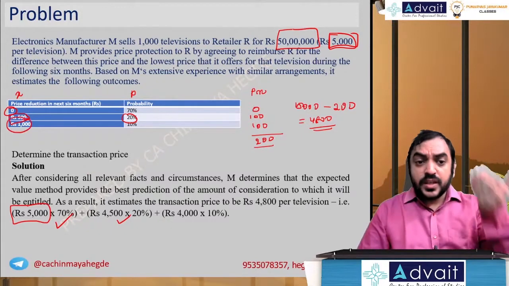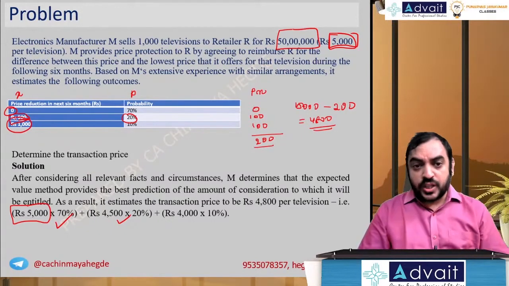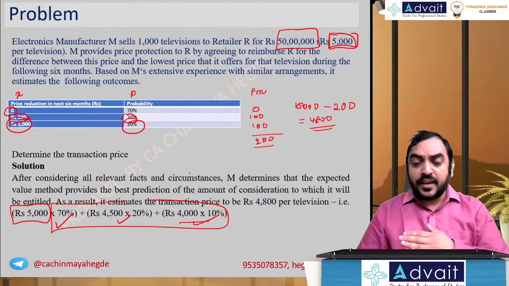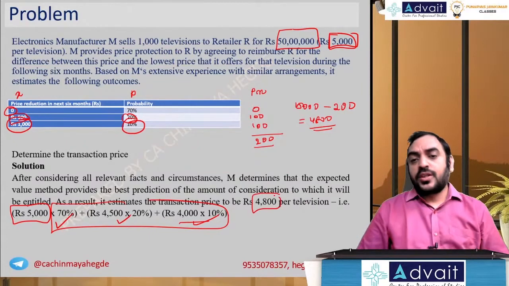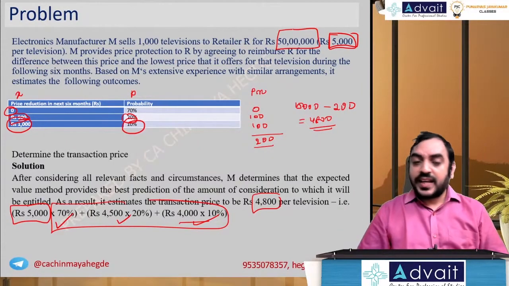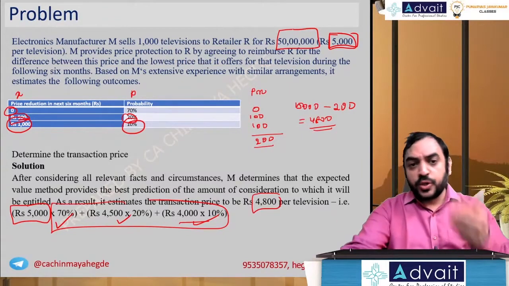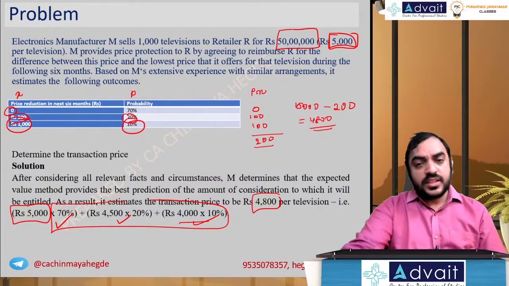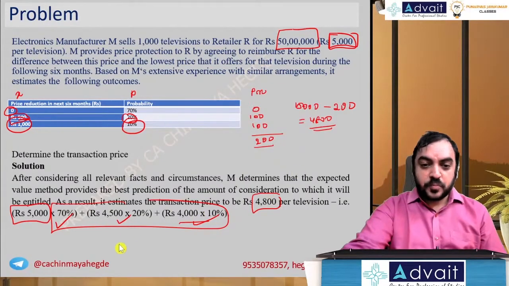Out of 5000, 1000 you subtract, you get 4000. And that return probability is 10%. So 4000 at 10%. When you multiply and add, that also will give you 4800 per television. Into 1000, you get 48 lakhs. So you can do it in both ways. That is how this problem is to be done. Hope it is fine. I'll go further.